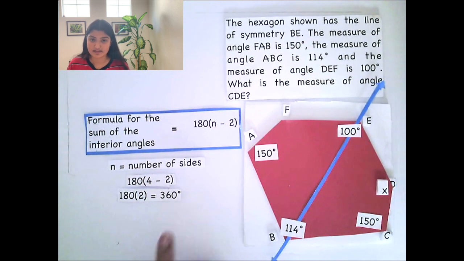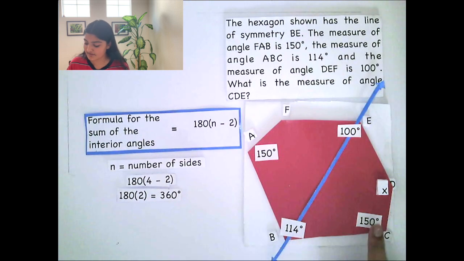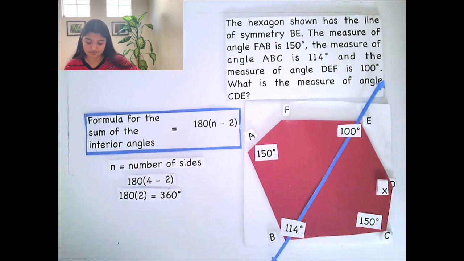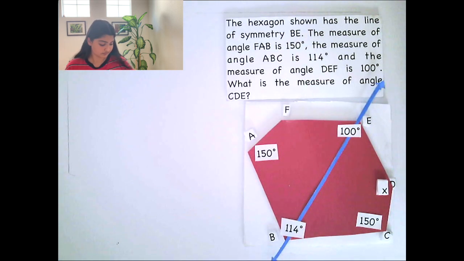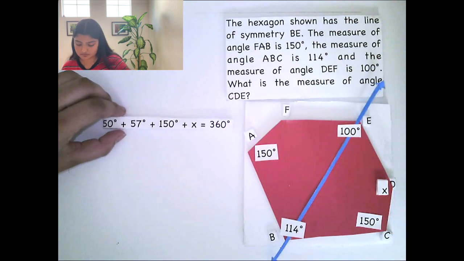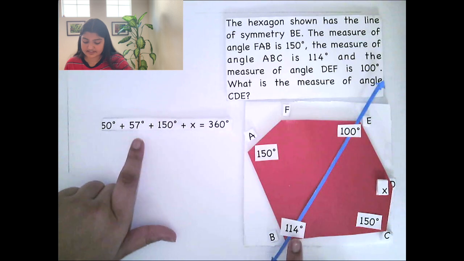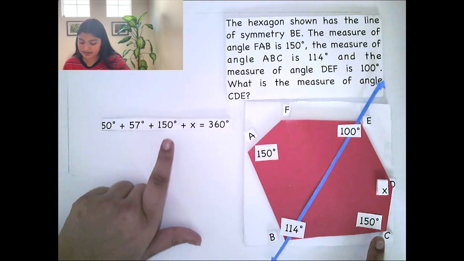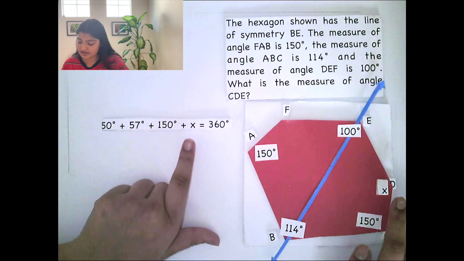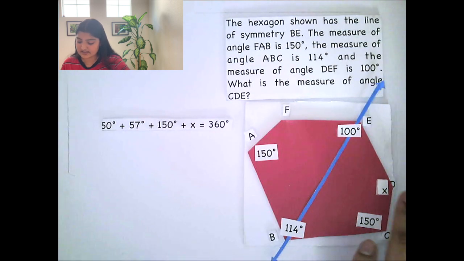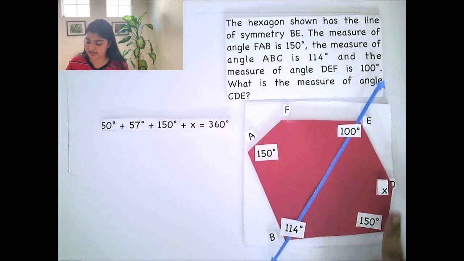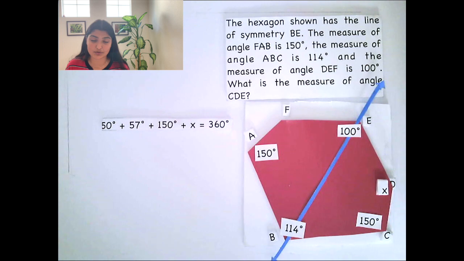Now that we know the sum of the interior angles, as well as all the interior angles of this quadrilateral, let's set up the equation. 50 degrees plus 57 degrees plus 150 degrees plus x degrees is equal to 360 degrees, or the sum of the interior angles.